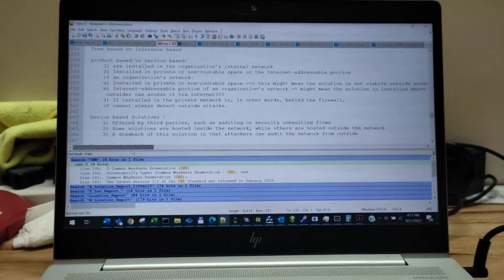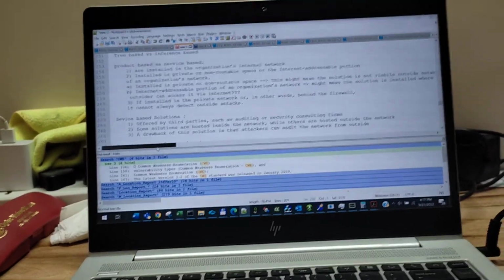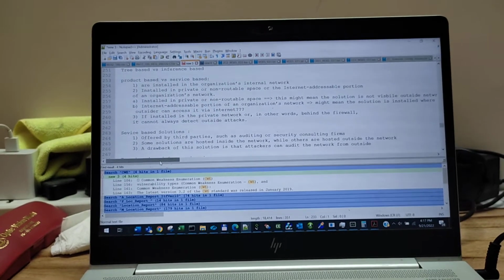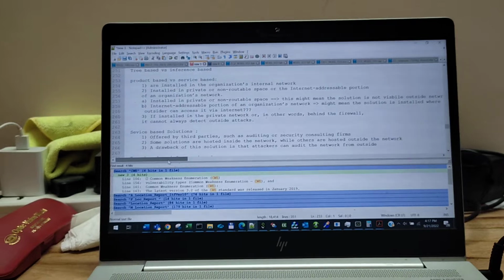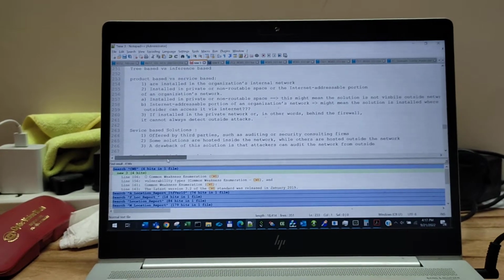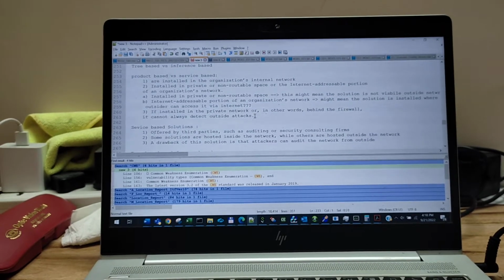Internet addressable portion of the organization's network might mean the solution is installed where outsiders can access it via the internet, maybe. Okay, if installed in the private network, or in other words behind the firewall, it cannot always detect outside attacks.